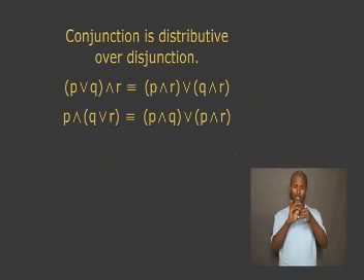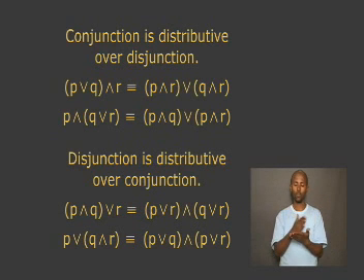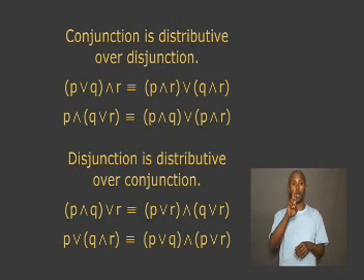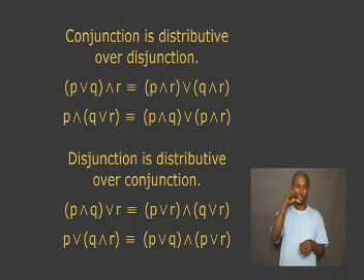Conjunction is distributive over disjunction, and disjunction is distributive over conjunction. Therefore, the statement P or (Q and R) is equivalent to the statement (P or Q) and (P or R).